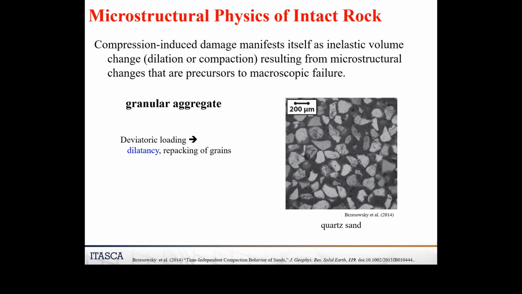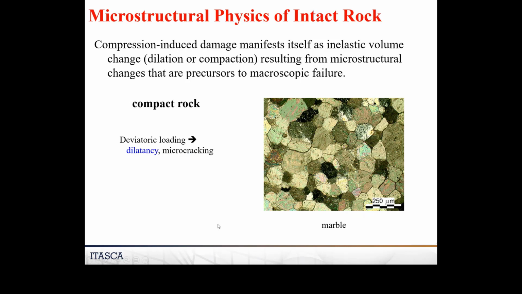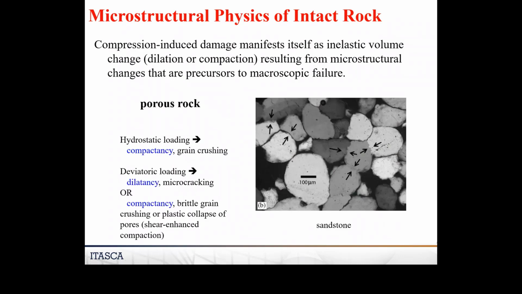So if you had a granular aggregate and you apply deviatoric loading, you get dilatancy because the grains are repacking. If you have a compact rock, you get dilatancy because there's micro cracks that are forming. It's a very, very low porosity system, but you get these micro cracks which cause dilation to occur. If you have a porous rock, it's much more complicated.